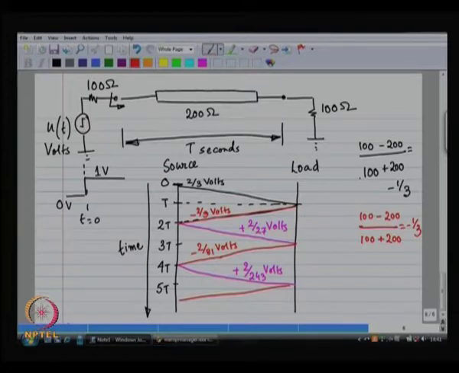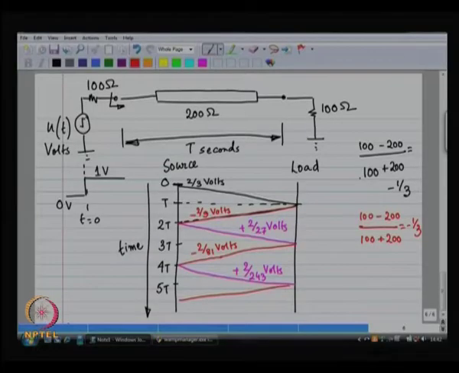Now, to find out the voltage at a given time at a given location, you have to sum all of these voltage waves. At a given time, let us say at time t, if I observe the load at a time t minus a little bit, I get nothing.